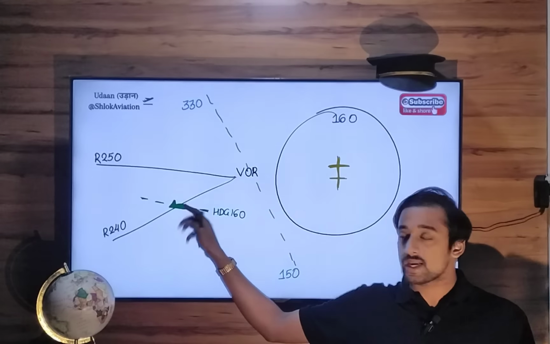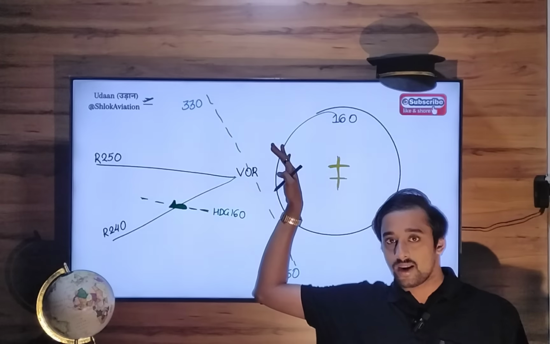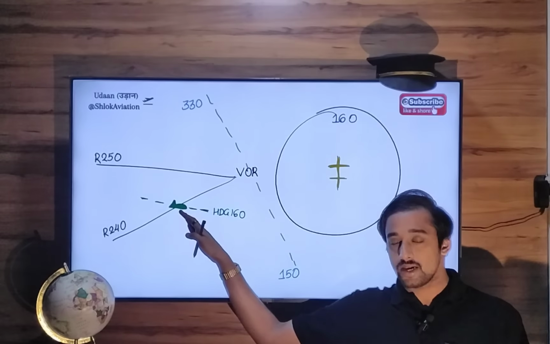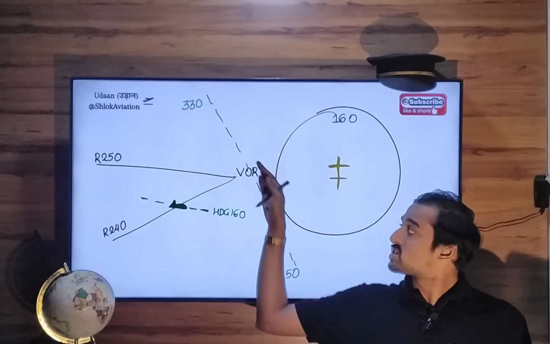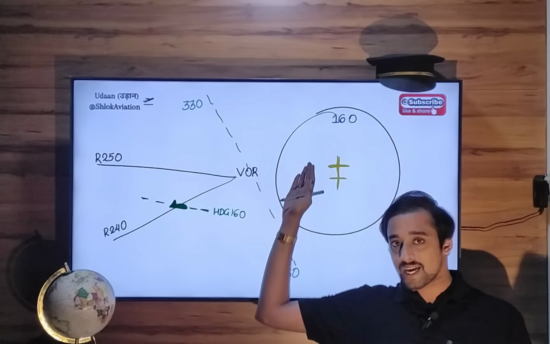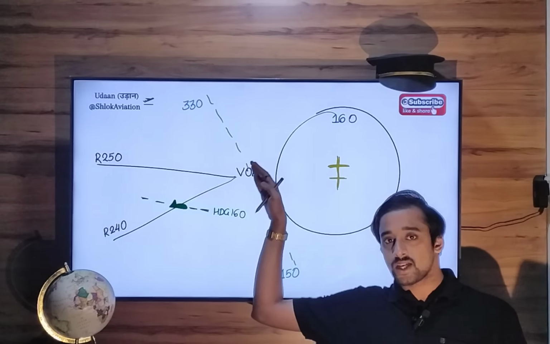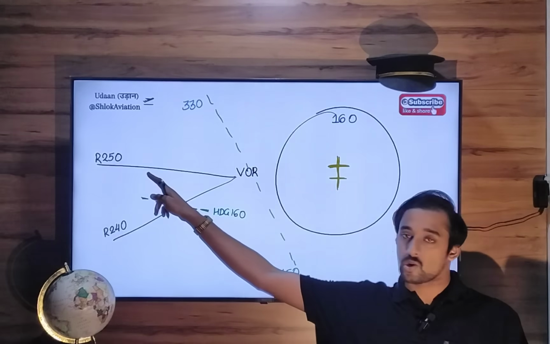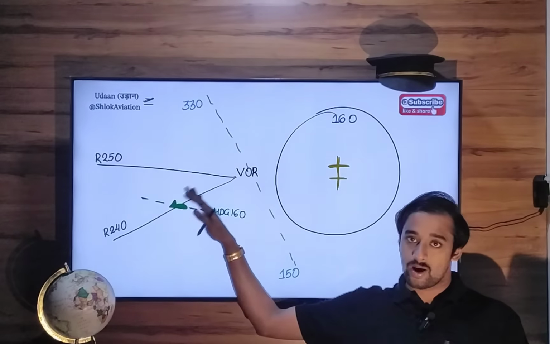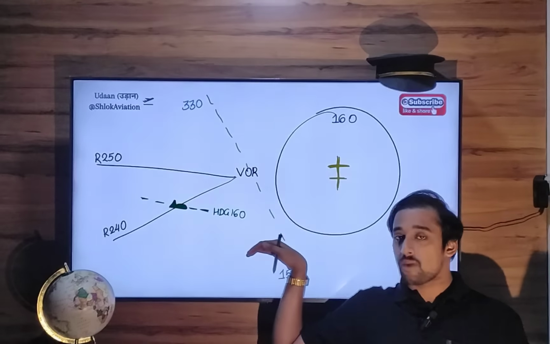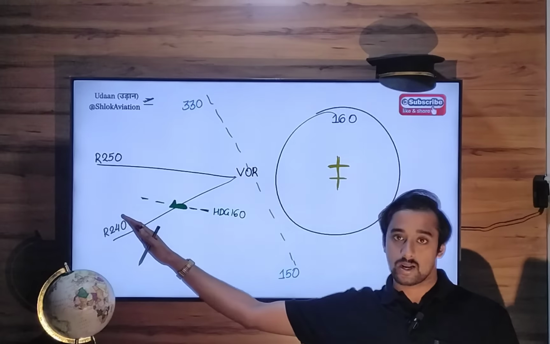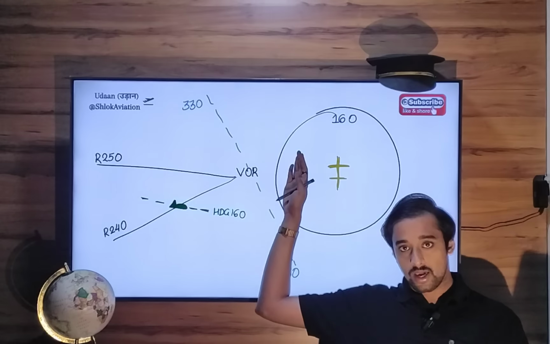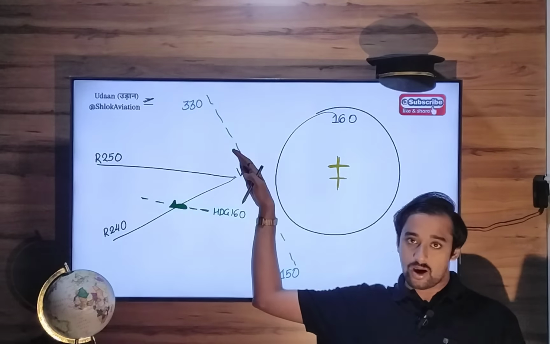With your aircraft situated here, if you select any course which is on this side of the VOR or in this sector, it will take you towards the VOR, right? So now you have selected a course of 250, which is on this side of the VOR in this sector, and this sector is bound to take you away from VOR. Okay, if you select any course which is on this side of the VOR, that course will take you towards the VOR.